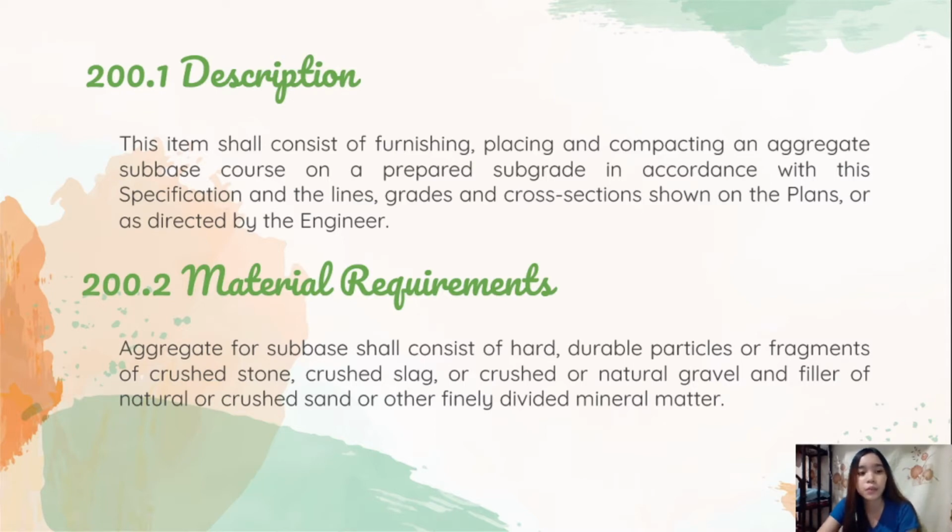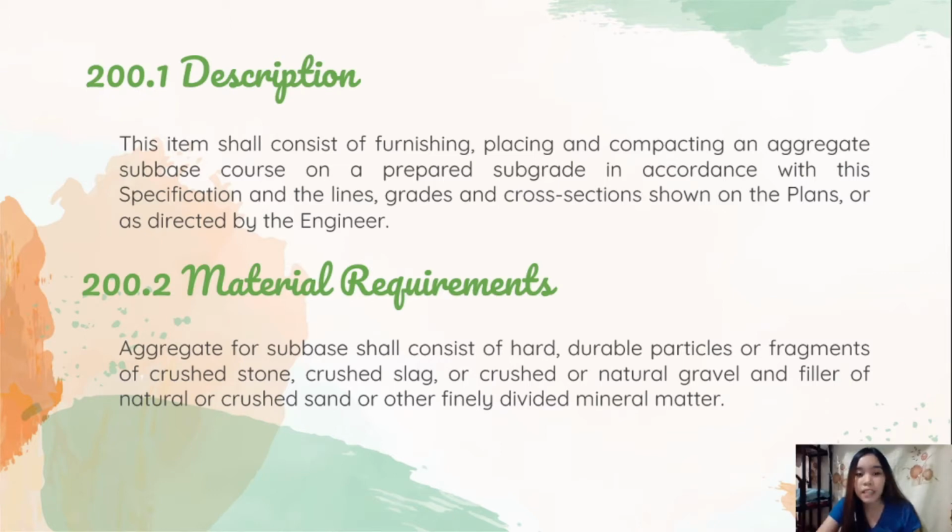Then 200.2 is the material requirements. Aggregate for sub-base shall consist of hard, durable particles or fragments of crushed stone, crushed slag, or crushed or natural gravel, and filler of natural or crushed sand or other finely divided mineral matter.